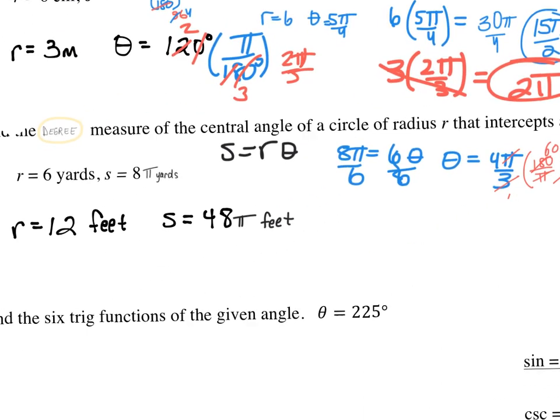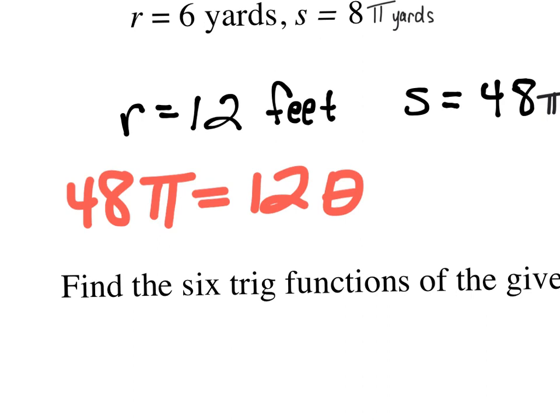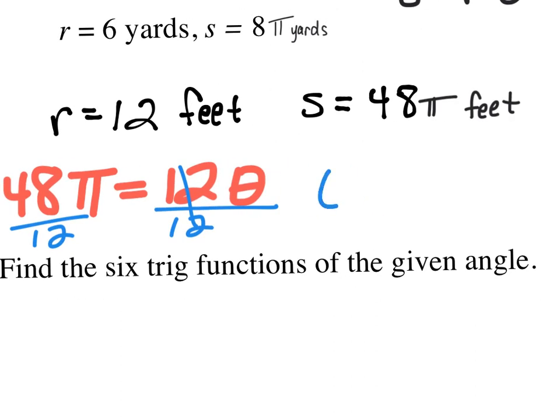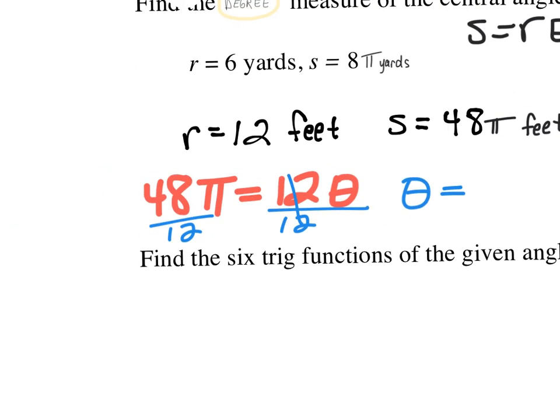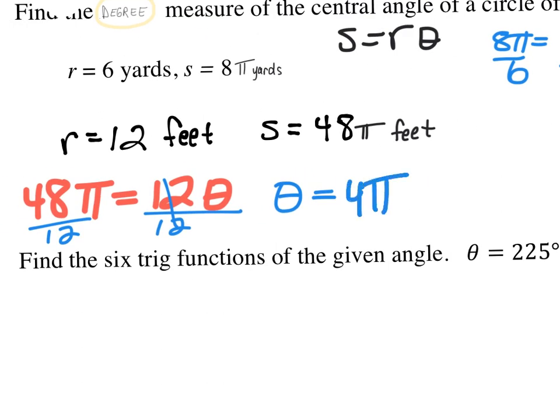All right, same thing here. What did they give us? They gave us R and S. So they gave us that 48 pi equals 12 times theta. So what do I do? Divide both sides by 12. So theta equals, what's 48 divided by 12? So 4 pi.